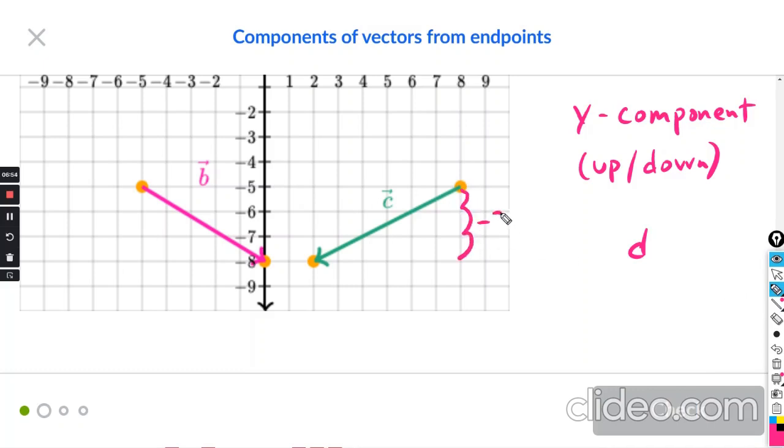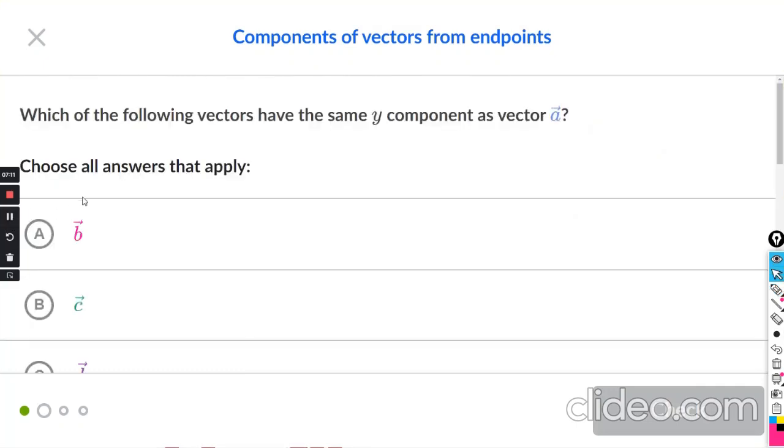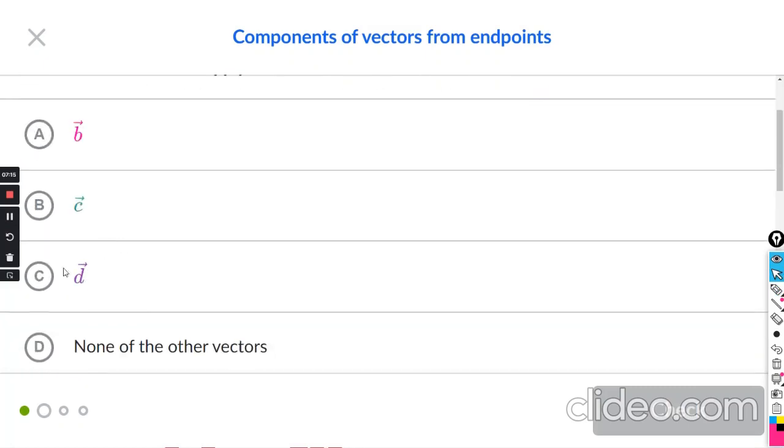That's negative 3. Same with vector B. It travels down 1, 2, 3. So B and C are negative 3. That's not the same. The only answer is D. So be careful, some of these have more than one answer. It says choose all answers. In this case, it's just D.